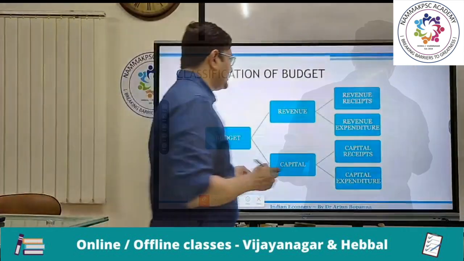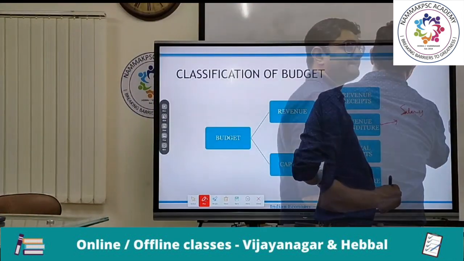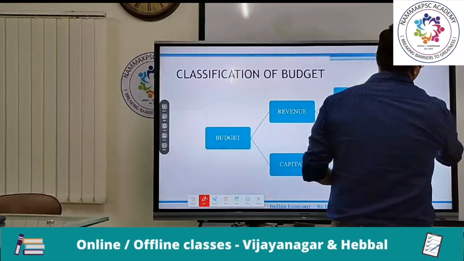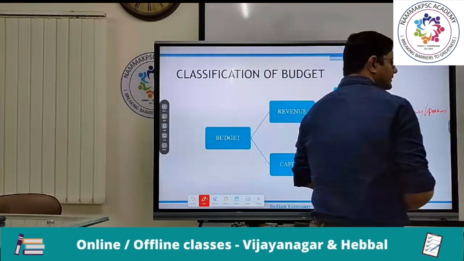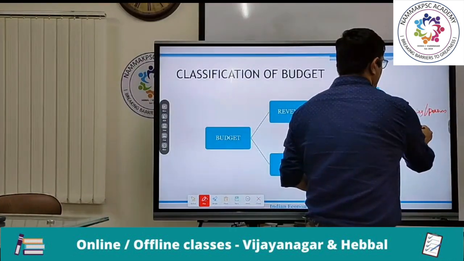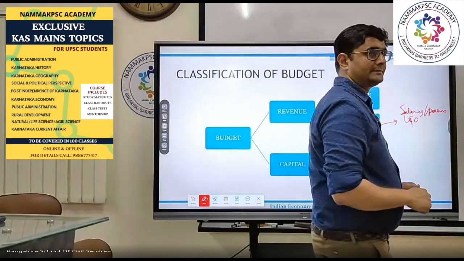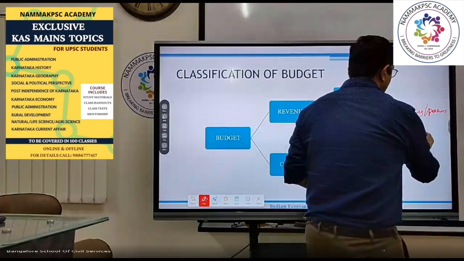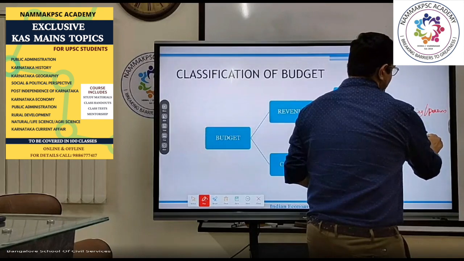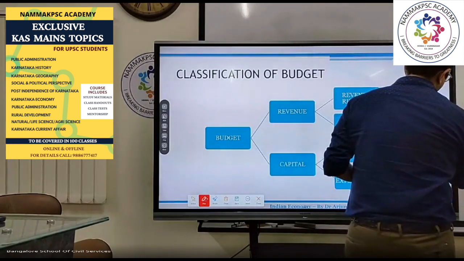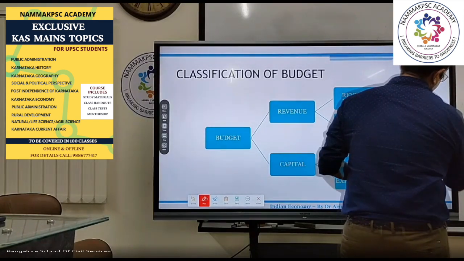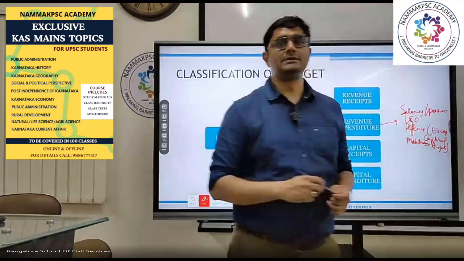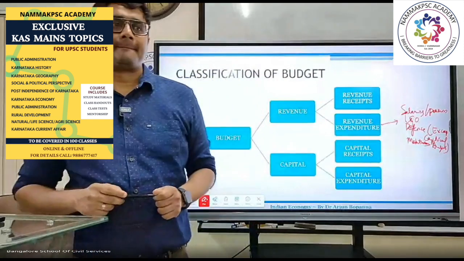For example, salaries, pensions, expenditure on law and order, expenditure on defense, except those on capital acquisition, and maintenance.